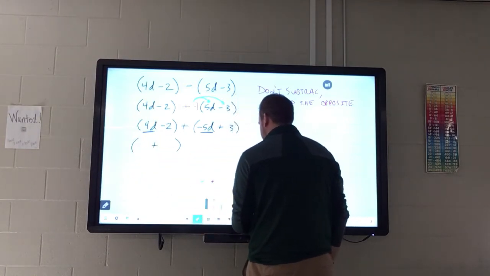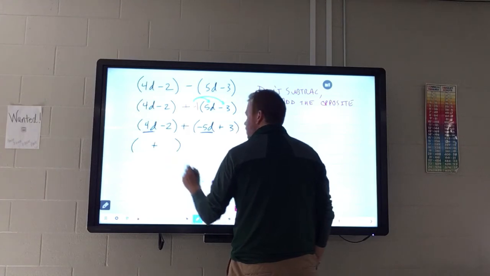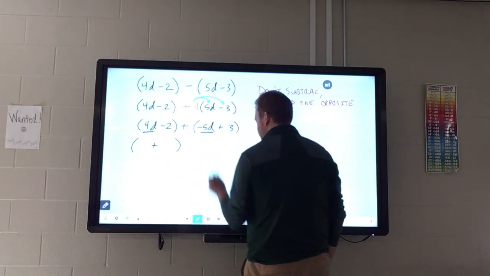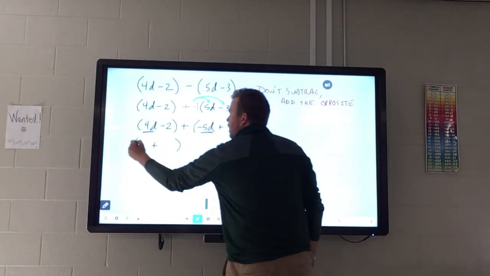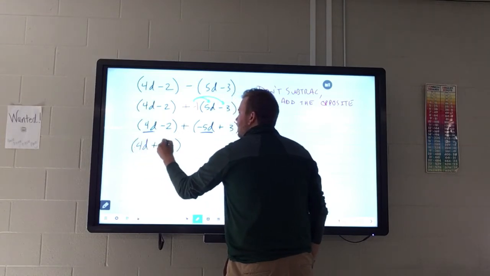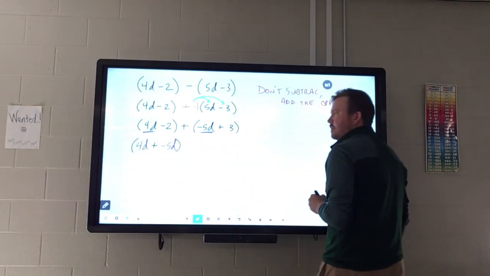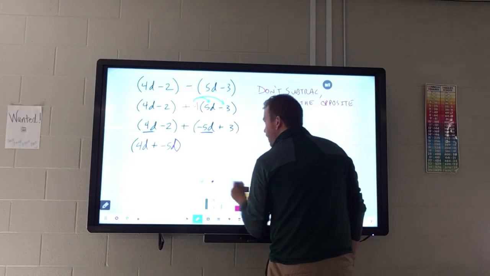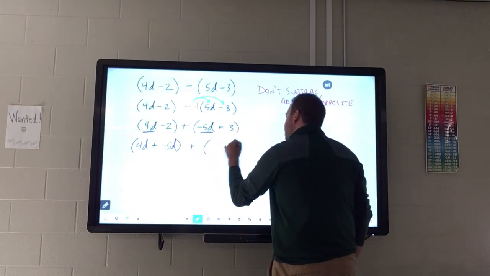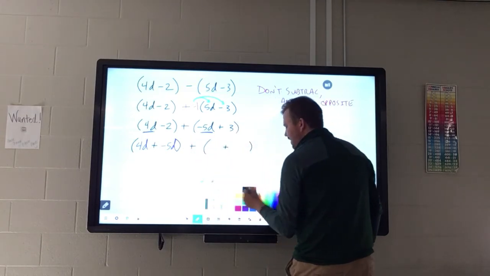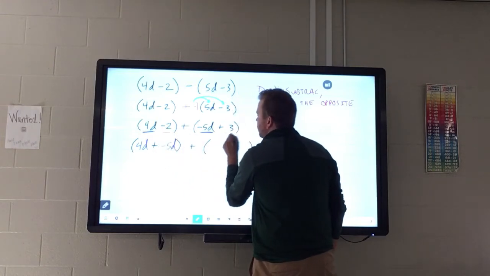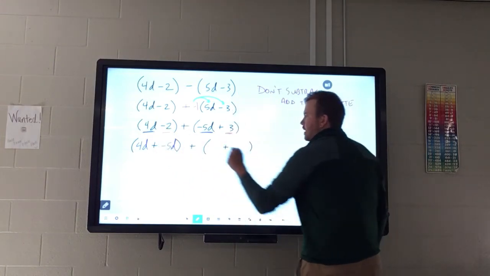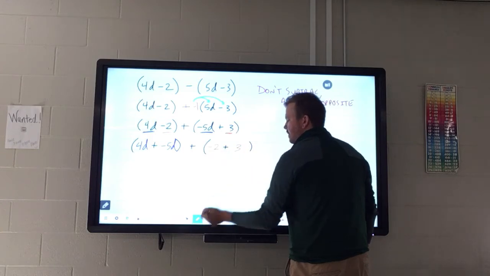So this will be 4d plus negative 5d. Then my second grouping will be my constants, -2 and 3. So -2 plus 3.